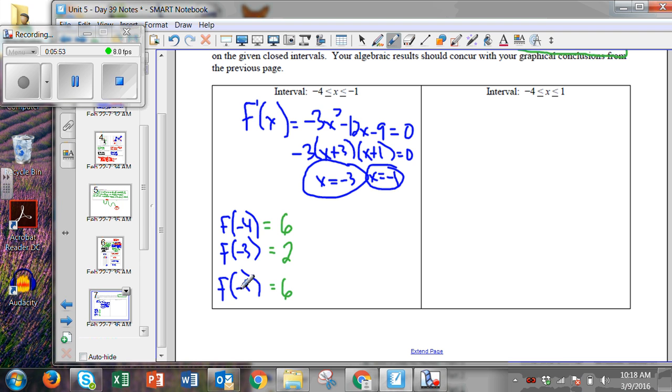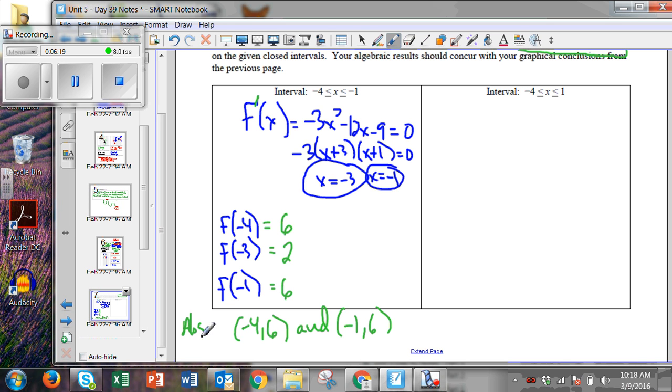So from negative 4 to negative 1, what's the maximum value? It has to occur either on one of the endpoints or where the derivative is 0 or where it's undefined. And we know that the derivative f prime of x is never undefined. So I know the highest points are, hey, negative 4, 6, and negative 1, 6.